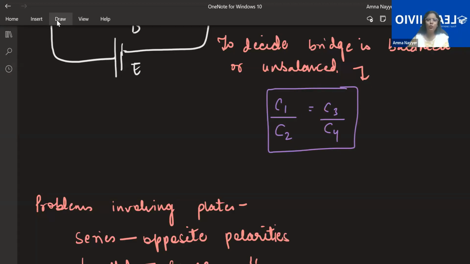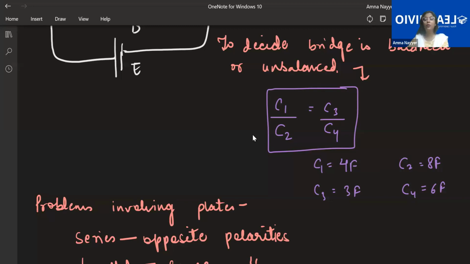Like if I give you a value of C1 as 4 farad, C2 as 8 farad, C3 as 3 farad, and C4 as 6 farad. When you take the ratio of C1 by C2, it will be half. C3 by C4 will also be half.